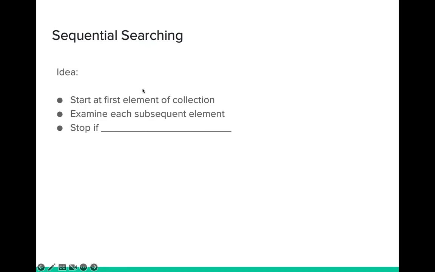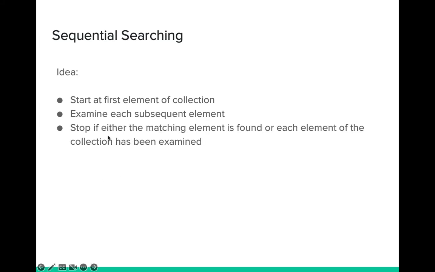We start with the first element in the list or collection and examine each subsequent element. We iterate through each of the elements, and we stop once we have found the element that we are looking for, or each element of the collection has already been examined.